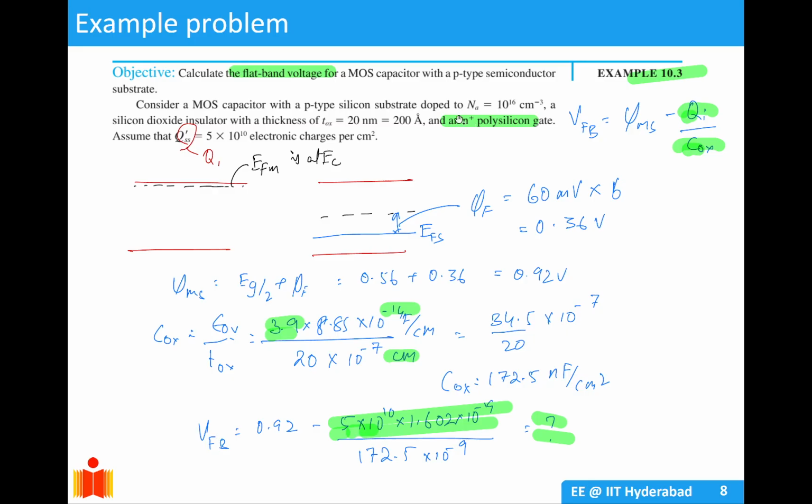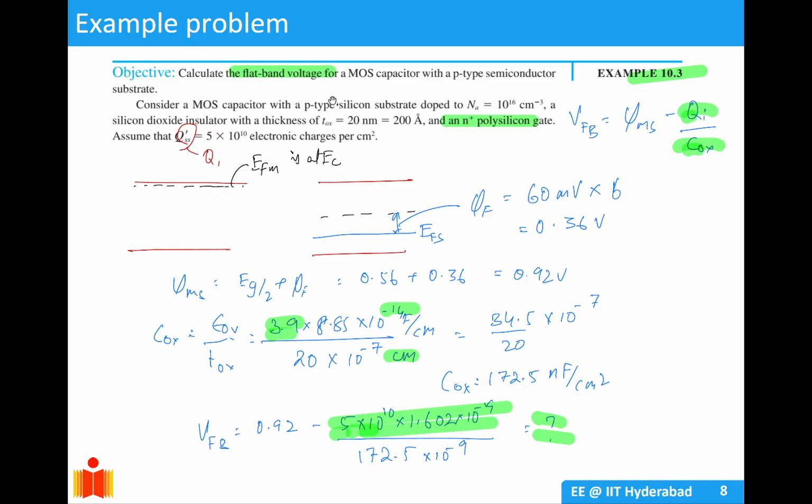One thing you can remember is that if you are using an n-type polysilicon gate on a p-type silicon substrate, you don't need phi m, the work function of the metal, and the electron affinity of the silicon. You can just introduce Eg by 2 because it is also silicon.